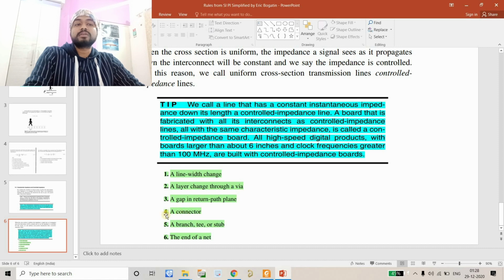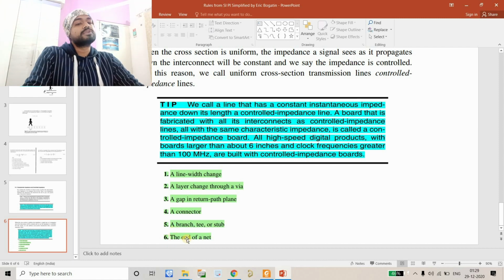A connector. If we are using some external component, a connector or anything, that also can disturb the impedance properties. Another is a branch. Branch, T and stub, these kinds of components divide the current, and if current goes in that direction, our impedance will vary, right? Because it's directly related to current. Another is the end of net.